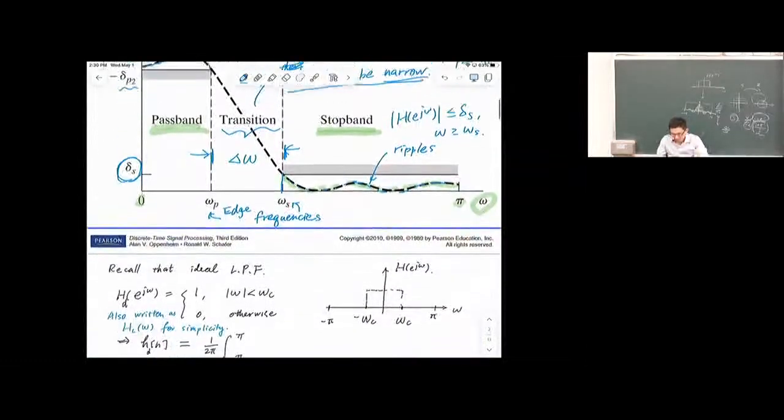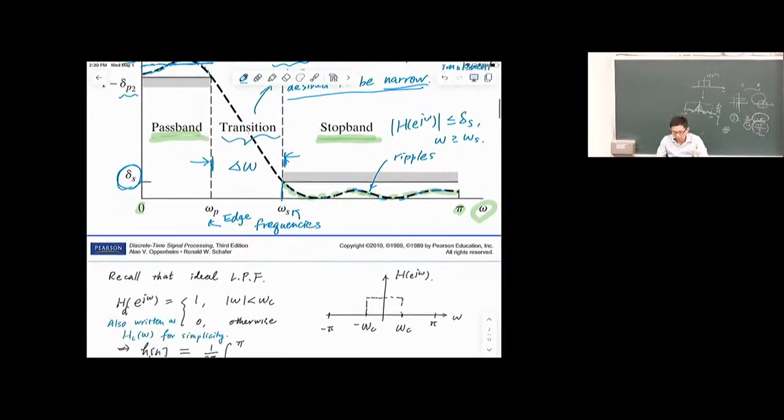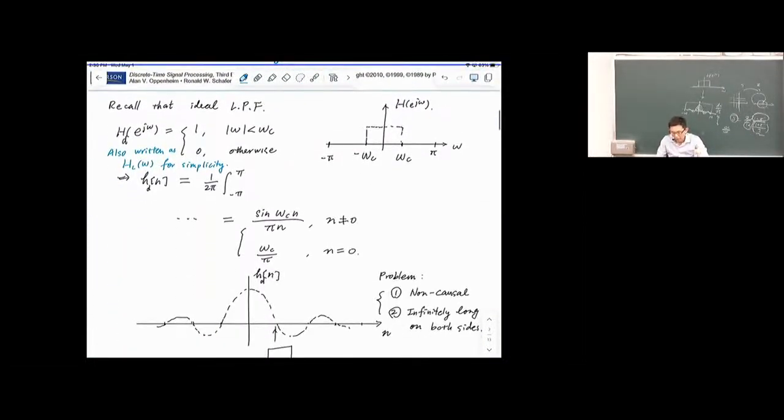So that's the passband, transition, stopband, tolerance schemes. Here is the idea. In this way of designing a filter, we begin with the ideal low-pass filter with this desired response, where D stands for desired.